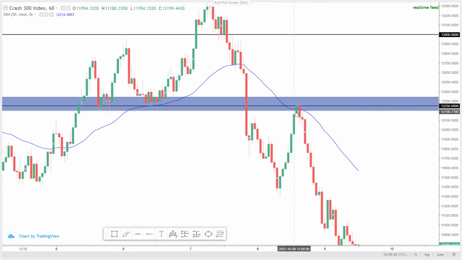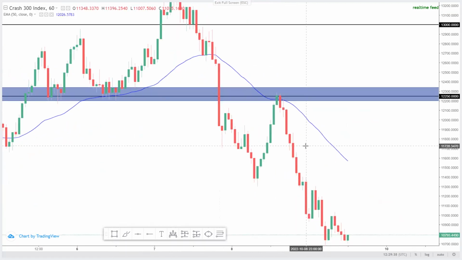So at the retest of this very level, which was previously a support multiple times, then broken, now a new resistance, in confluence with the 50 exponential moving average acting as a dynamic resistance, we also have a psychological level, 1 to 250.